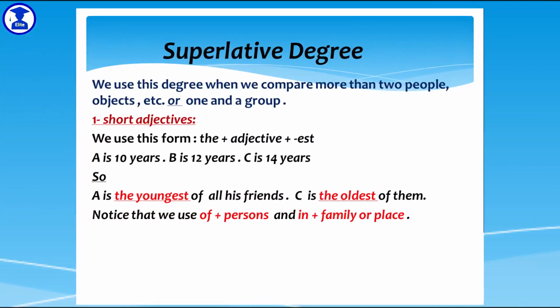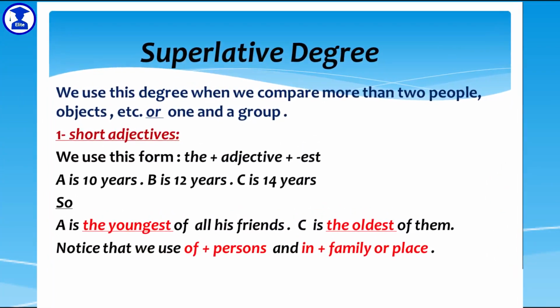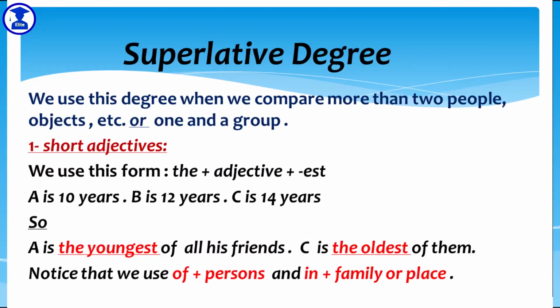Now, let's move to the superlative degree. We use this degree when we compare more than 2 people, objects, things, etc., or when comparing one to a group. With short adjectives, we add the before the adjective and est at the end of the adjective. For example, if child number A is 10 years old, child number B is 12 years old, and child C is 14 years old.